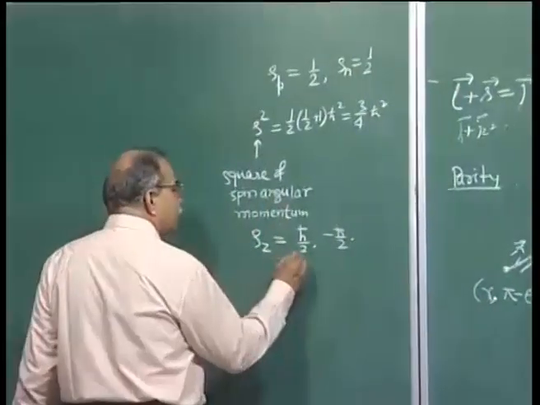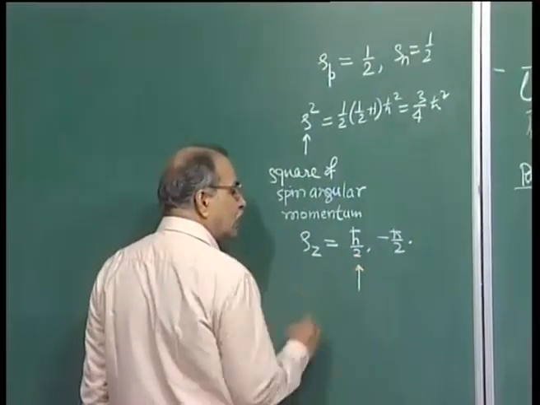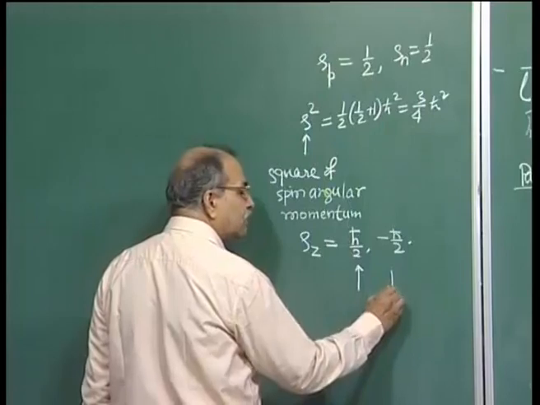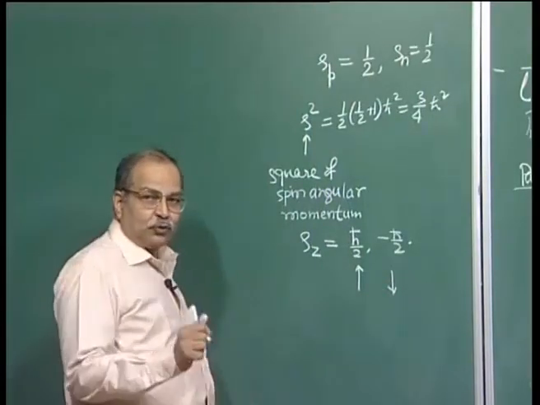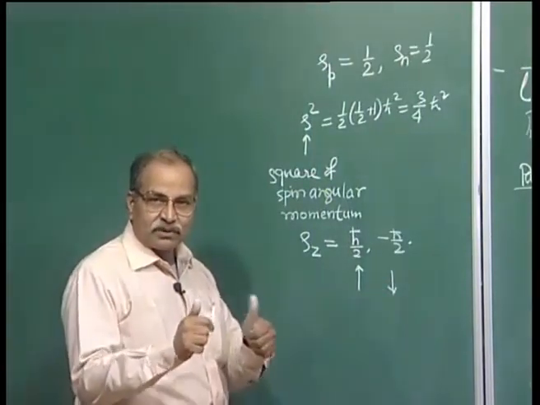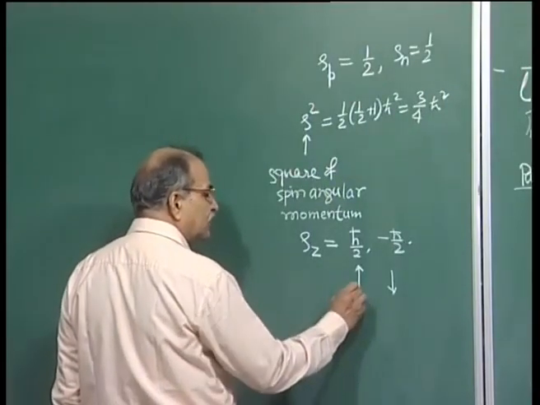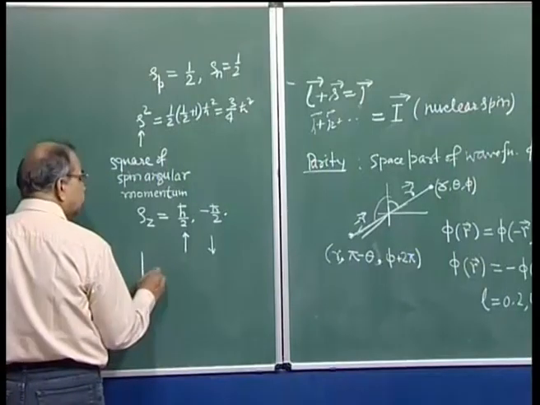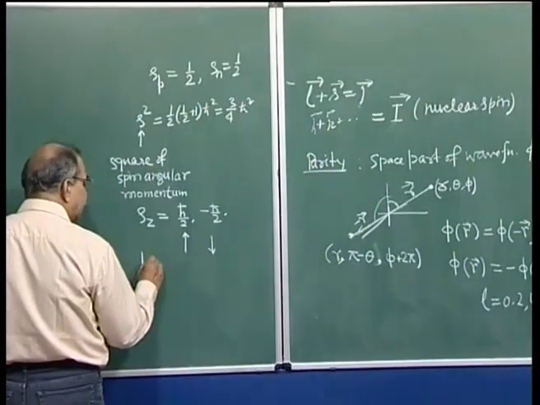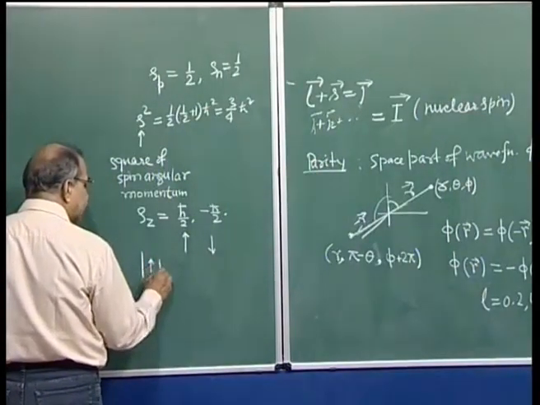For this we will put a symbol up, and for this we put a symbol down. So, if you have two nucleons, one proton and one neutron, you can decide that first you will put the symbol for proton, next you will put the symbol for neutron, and you can write this into a ket.